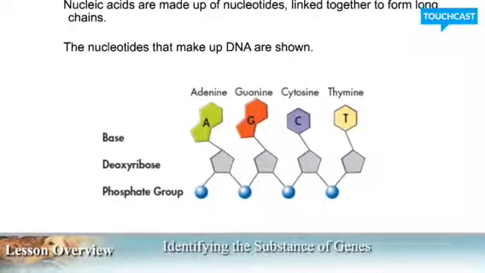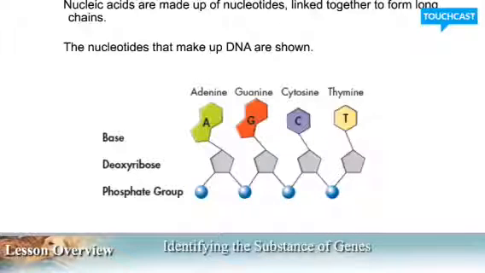Right, so as you can see here, this is the structure of DNA. You have the phosphate group, and in the middle we have a sugar known as deoxyribose, and then we have a nitrogen base.